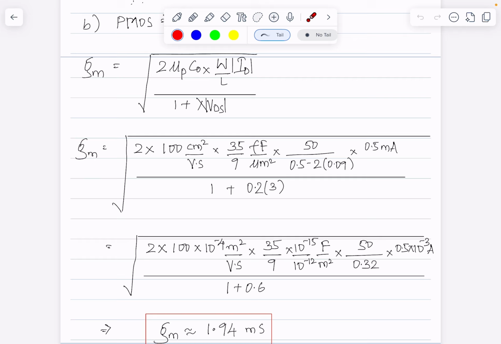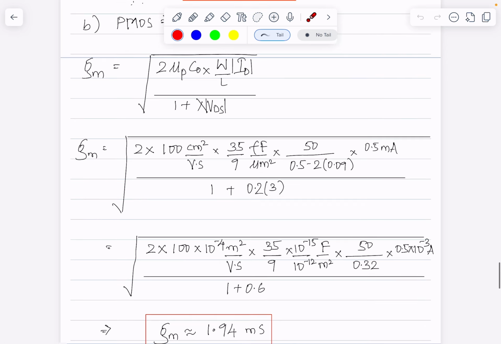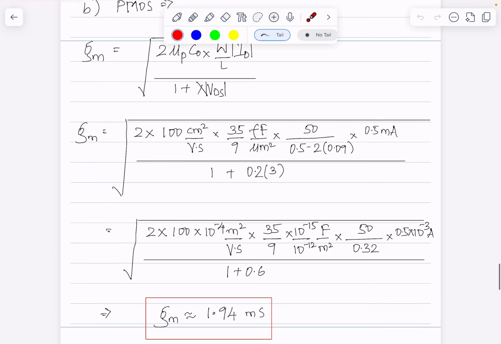TOX again for PMOS is 9 nanometers. So 35 over 9 femtofarad per micrometer square times W over L effective. LD for PMOS is given as 0.09 micrometers. So you have 0.5 minus 2 times LD, times 0.5 milliamps, which is ID, whole divided by 1 plus lambda, which in case of PMOS is 0.2, and VDS is 3 volts.